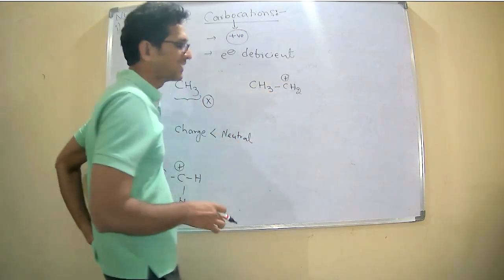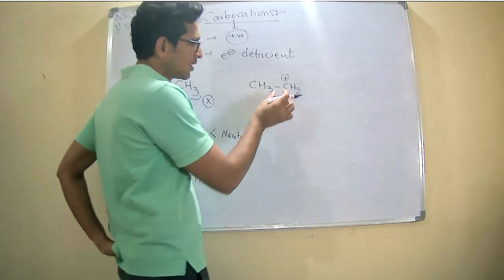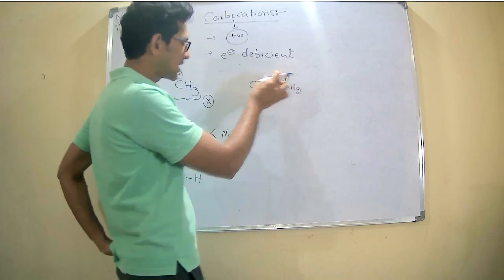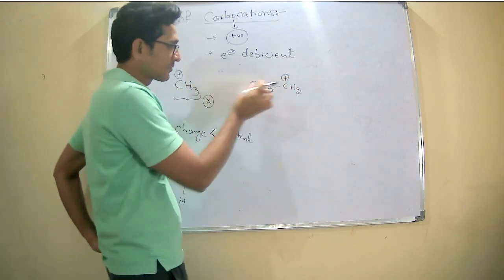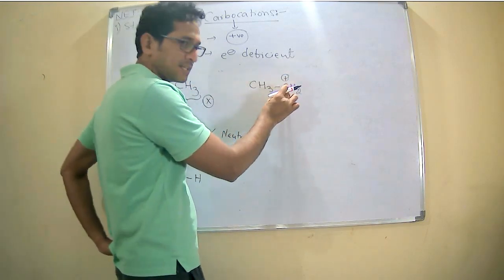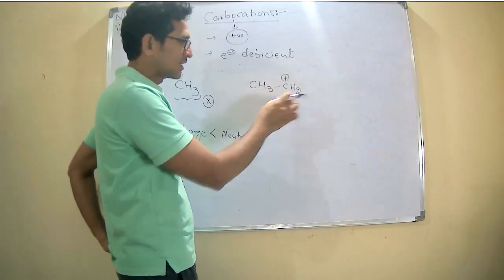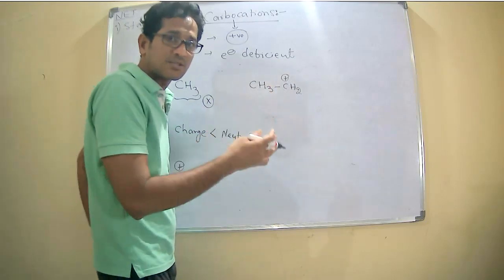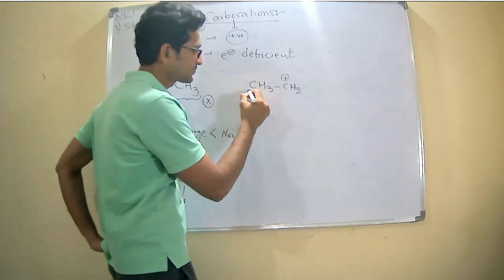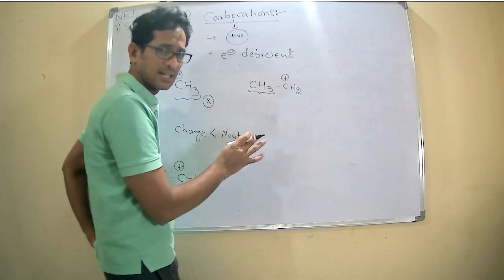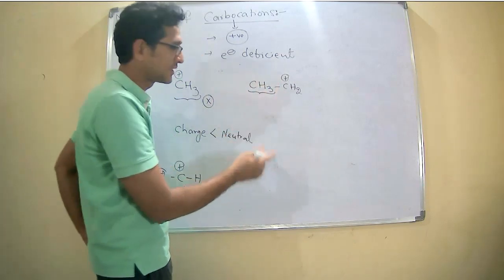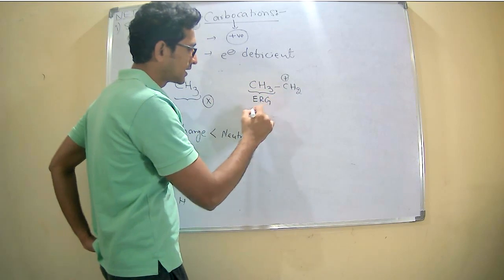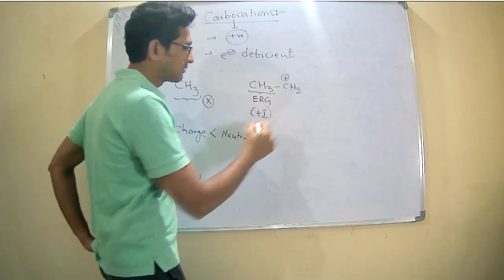Coming to the ethyl carbocation. This also bears a positive charge. If it is neutralized by receiving electrons from another species, then it is said to be stable. Methyl, as per the classification we gave just now, is an electron releasing group, the plus inductive effect.